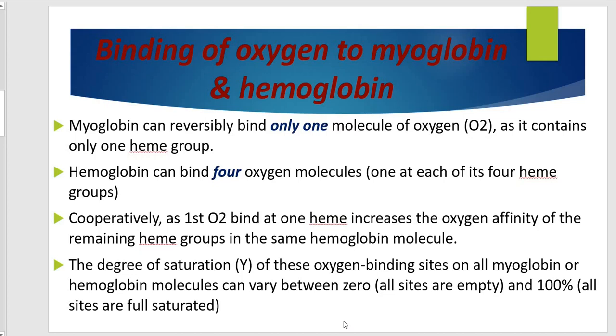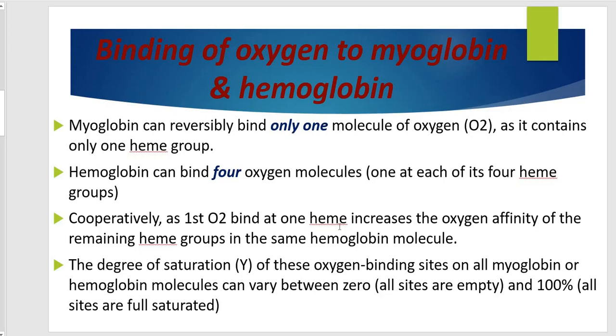In hemoglobin, there is positive cooperativity. When the first oxygen binds to the first heme group, this will increase the oxygen affinity of the remaining heme groups of the same molecule of hemoglobin to bind with oxygen.